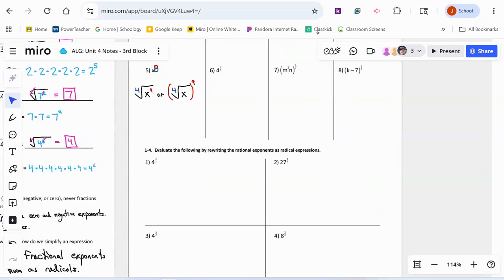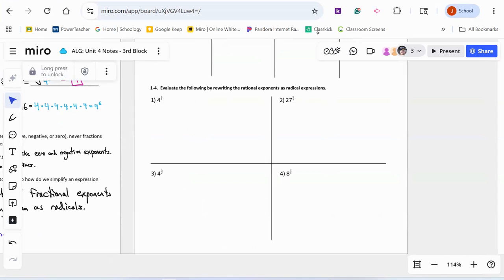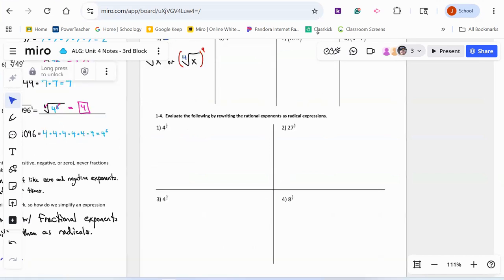These questions down below here, 1 through 4, I'm not going to go through those. These are situations where rewriting the fractional exponent in the correct way makes these questions able to be done without a calculator. I guarantee you can think through these without a calculator if you know how to rewrite them.